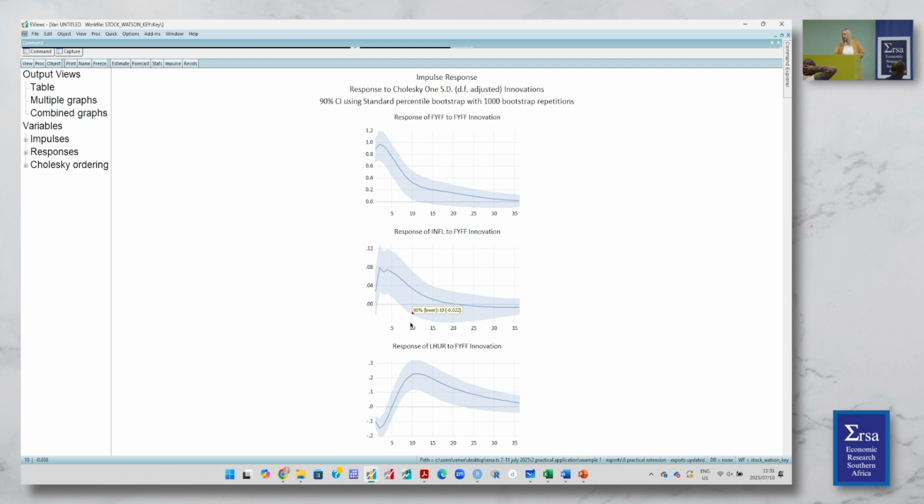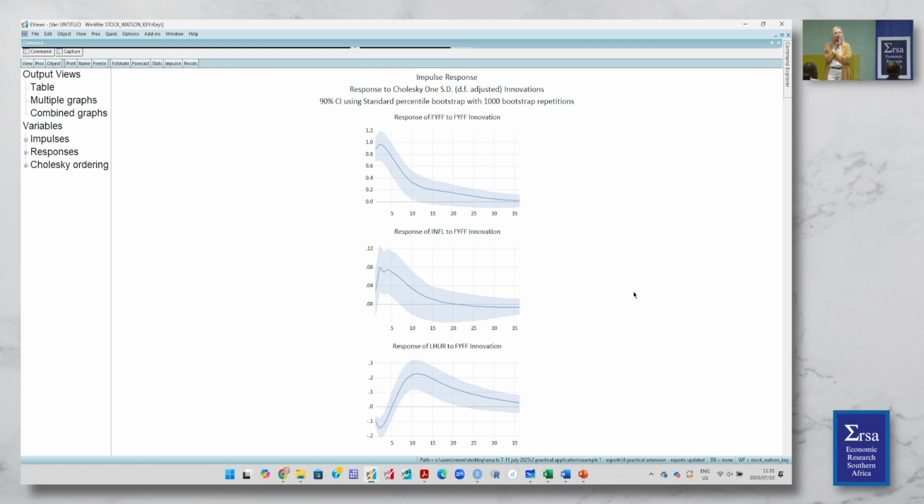Okay, so help me out here. How effective is monetary policy given these 200-something observations way back? What do we see? What happens to inflation? How many periods?